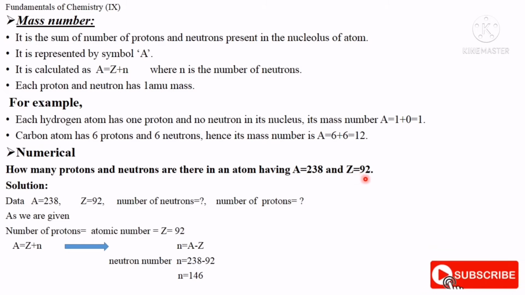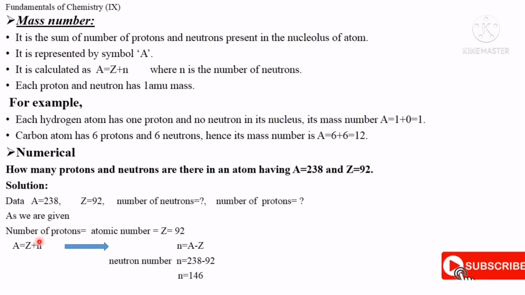We have been given the mass number equal to 238 and Z, or proton number or atomic number, equal to 92. And what we have to find is the proton number and the neutron number.